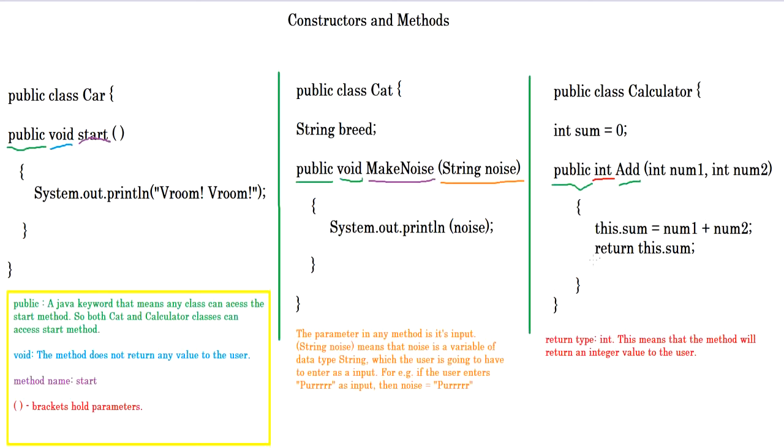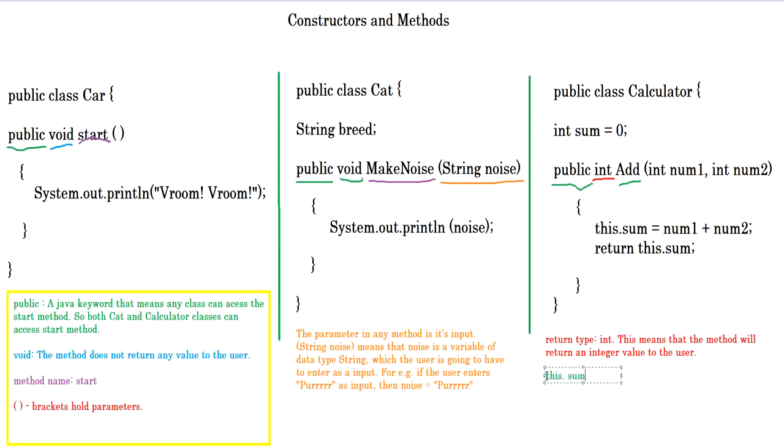So inside this method, what we can see is this.sum is equal to num1 plus num2. So what does this.sum mean? We just need to learn this one last thing before we can move on to the next topic.